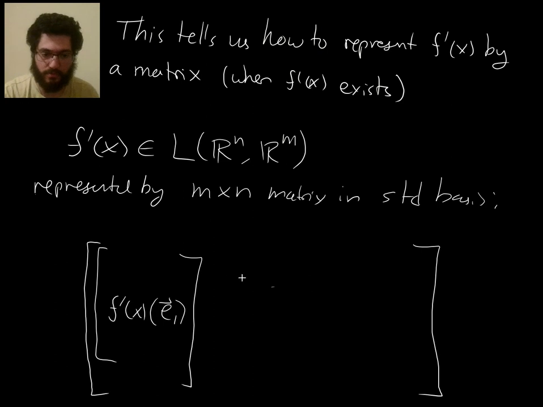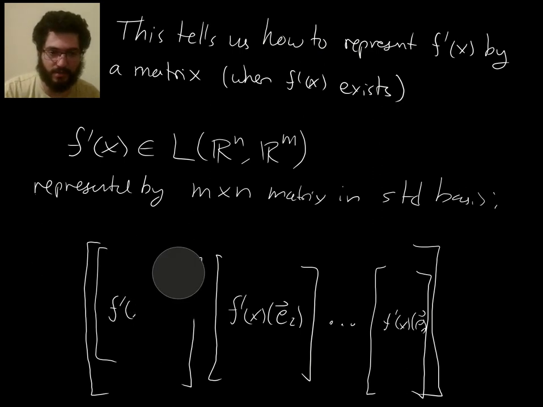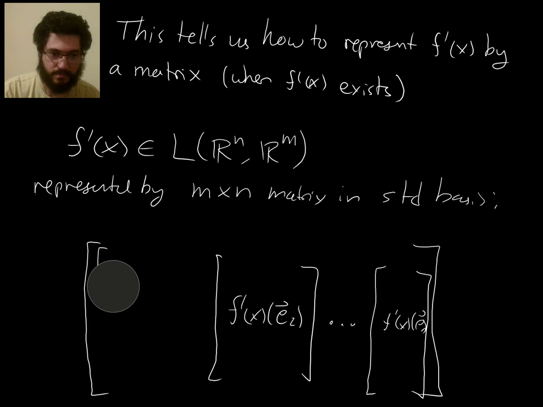And then the second column will be f prime x of E2, and so on for the n columns, up to f prime x of En. Let me write the first column neatly.